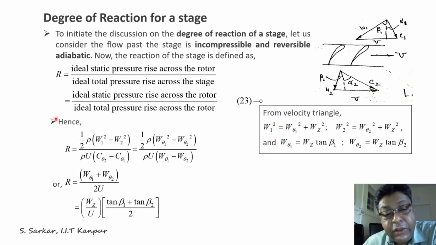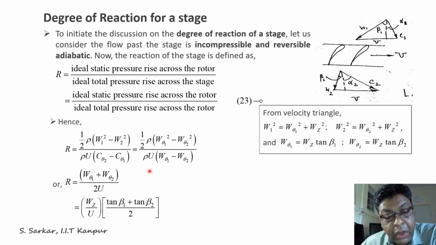And the ideal total pressure rise across the rotor can be equated to the Euler work, rho U (C theta 2 minus C theta 1). Thus R can be written as half rho (W1 square minus W2 square) divided by rho U (C theta 2 minus C theta 1).